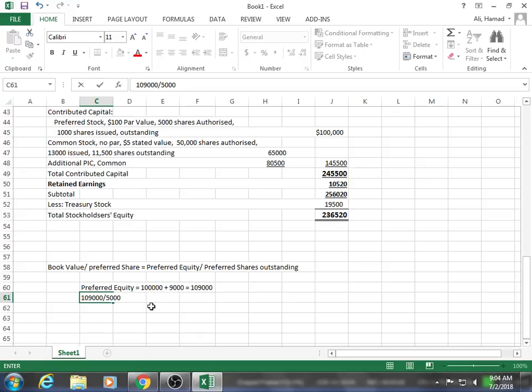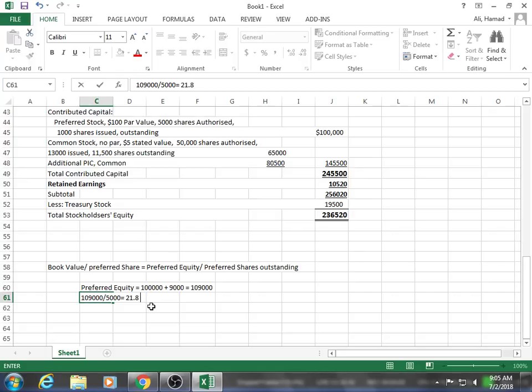And that will give us $21.8. So if you own 5 shares of preferred stock, then you are entitled to 21.8 times 5.